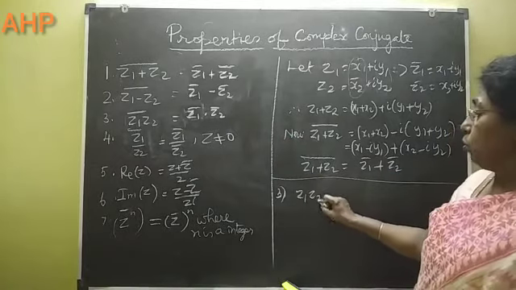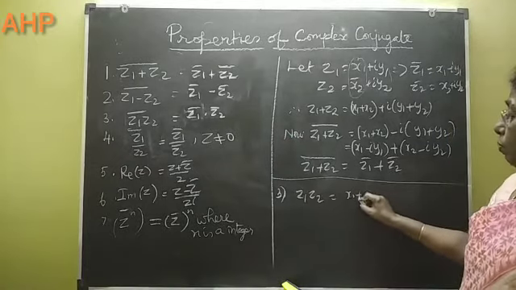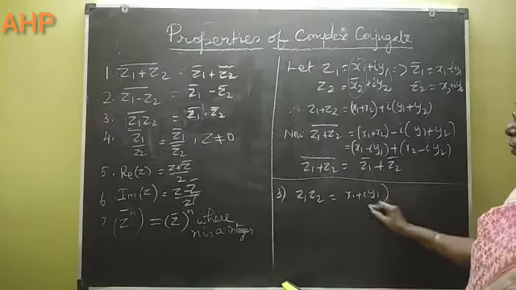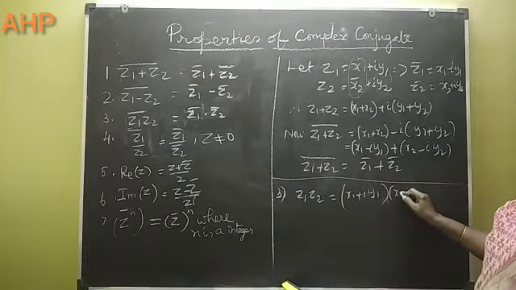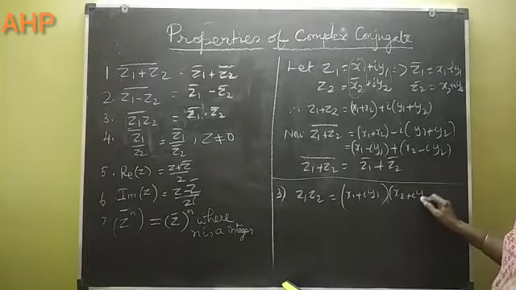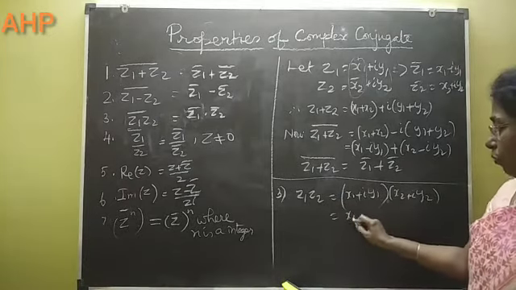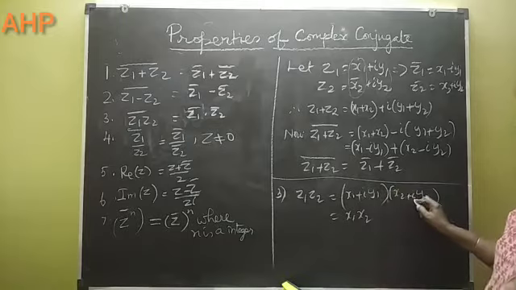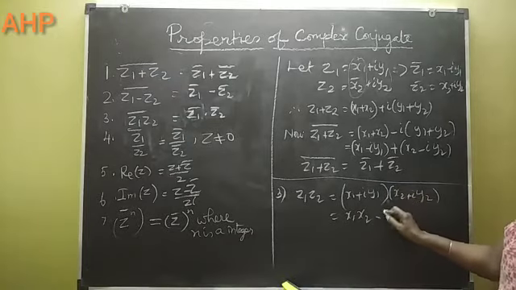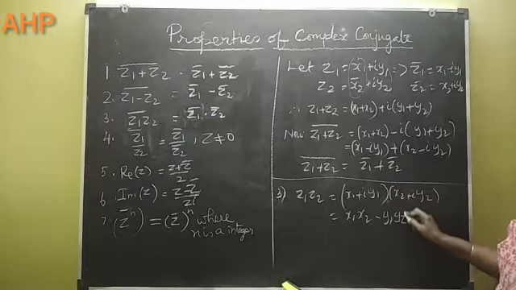z1 z2 is equal to x1 plus iy1 into x2 plus iy2. So this is equal to x1 x2 plus i square y1 y2, so minus y1 y2.